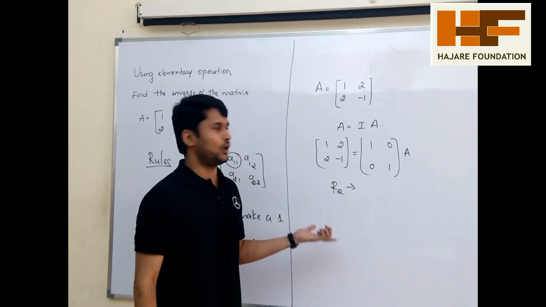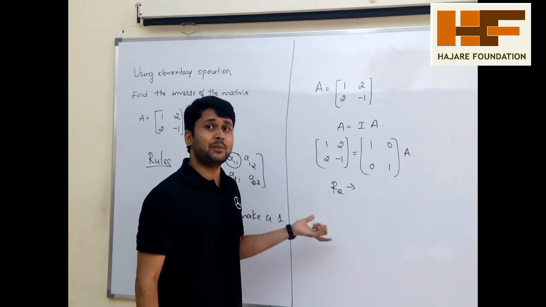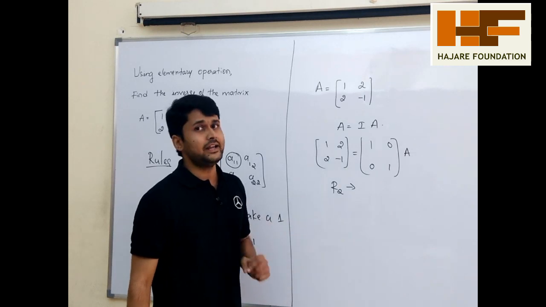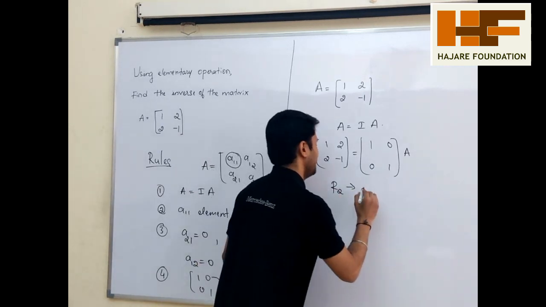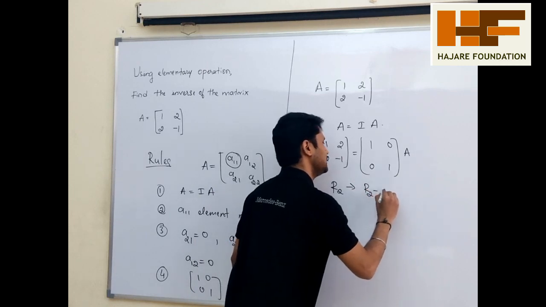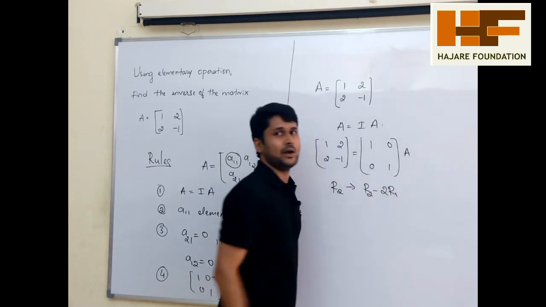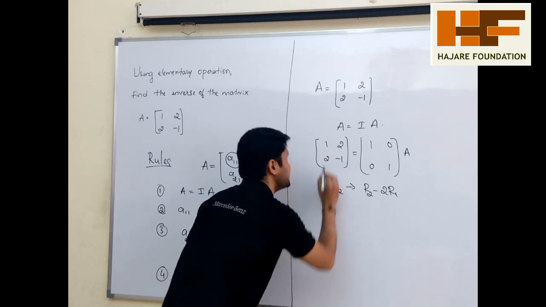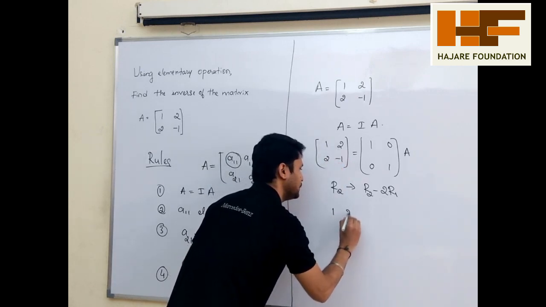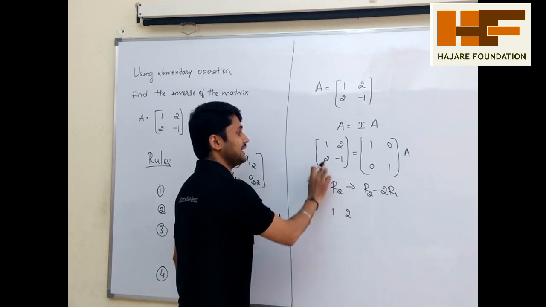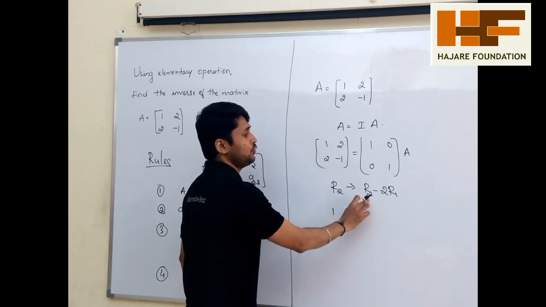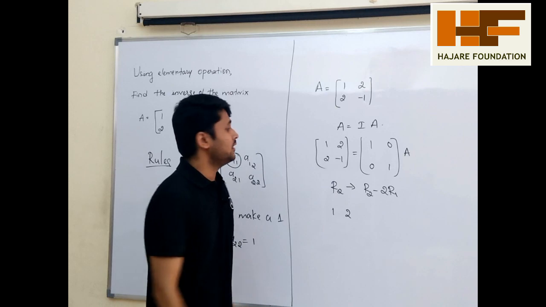First I am solving the example using an elementary row operation. R2 changes to R2 minus 2 times R1. The first row we write as it is: 1, 2. Next, the second row changes to R2 minus 2 times R1.